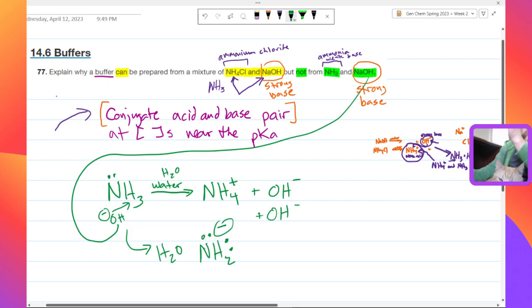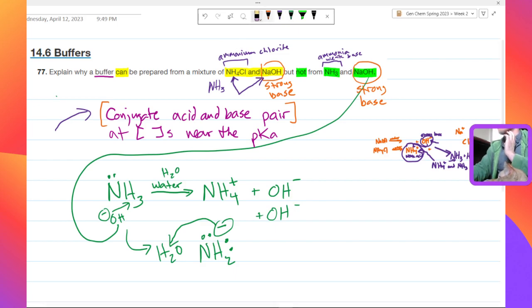So you might get this for a very, very brief microsecond, millisecond, nanosecond, something like that. But that amide is going to take that proton right back. So fundamentally, you're not going to end up in any significant way, based on combining those two things, with a population of conjugate acid and base pairs that can function as a buffer.